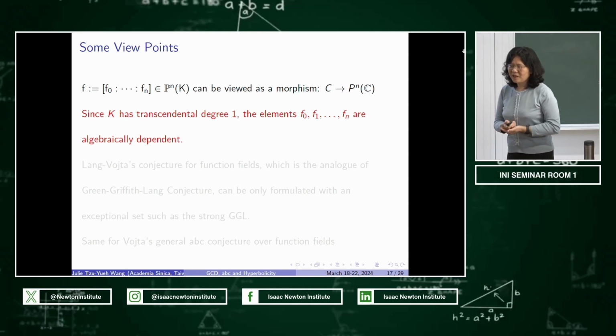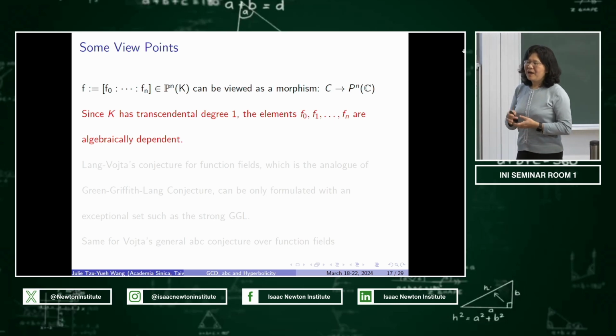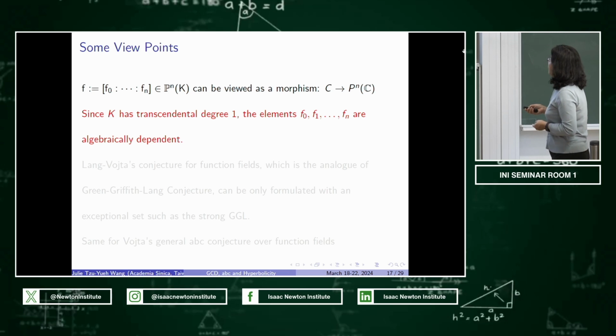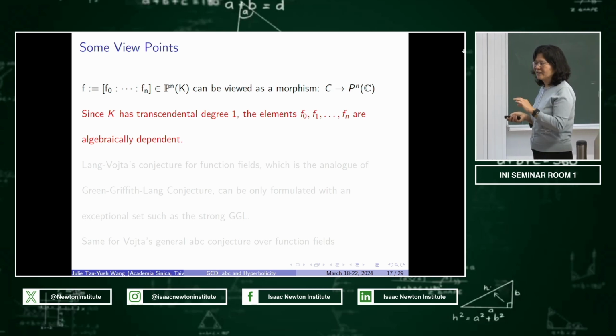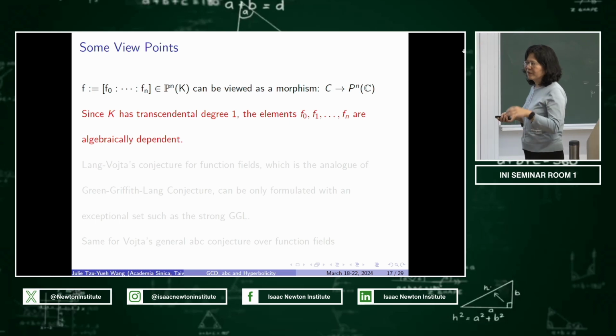So this tells us that when we try to use Nevanlinna theory kind of techniques, you cannot say those functions are algebraically independent, because they must be algebraically dependent. I have actually seen a paper for function fields where the assumption is that if they are algebraically independent, blah, blah, blah.